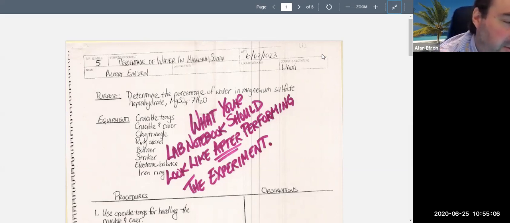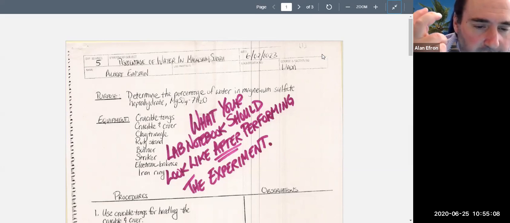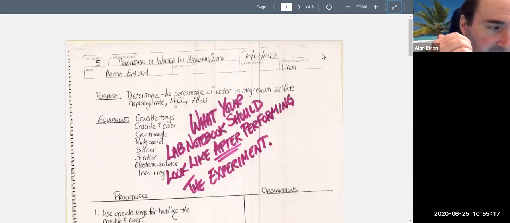Do your best to turn it into your own version of it. I understand it might be a little bit difficult with certain experiments like this one, but from the outset, it should be done individually. Any questions on that? Okay.